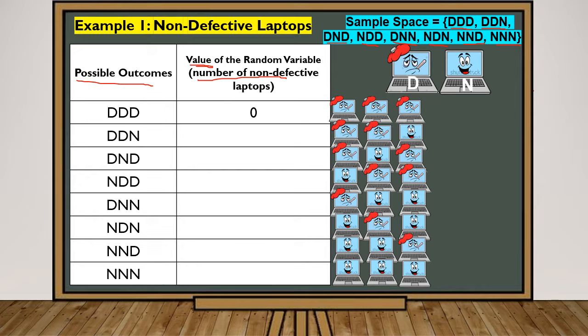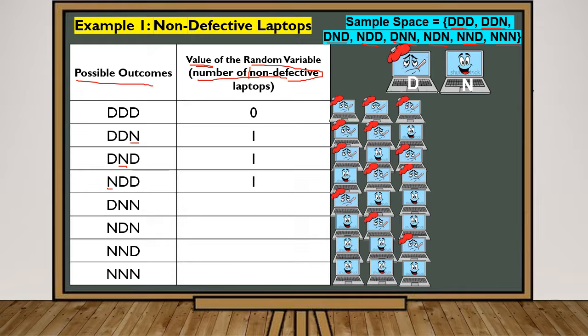So, if no non-defective laptops are to be found, then the value is 0 because we are concerned with the non-defective. Next, in possible outcome number 2, how many are non-defective? Of course, we have here 1. Next outcome, how many are non-defective? We still have 1.